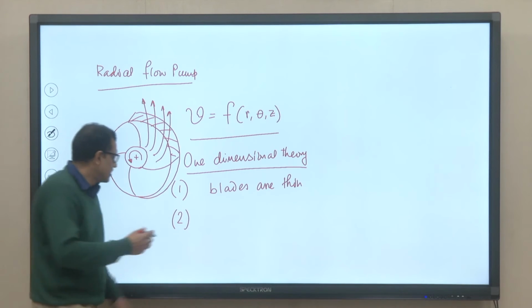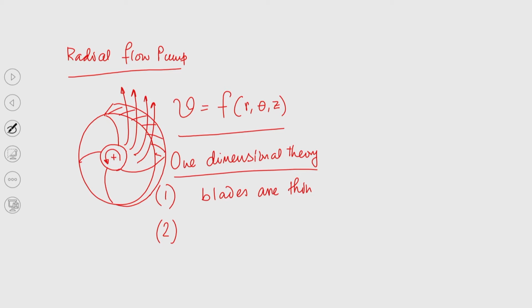It in a way indicates flow is axisymmetrical. So, the number of blades is infinite such that the variation in flow velocity in the passage between the two consecutive blades is very less and it tends to 0.